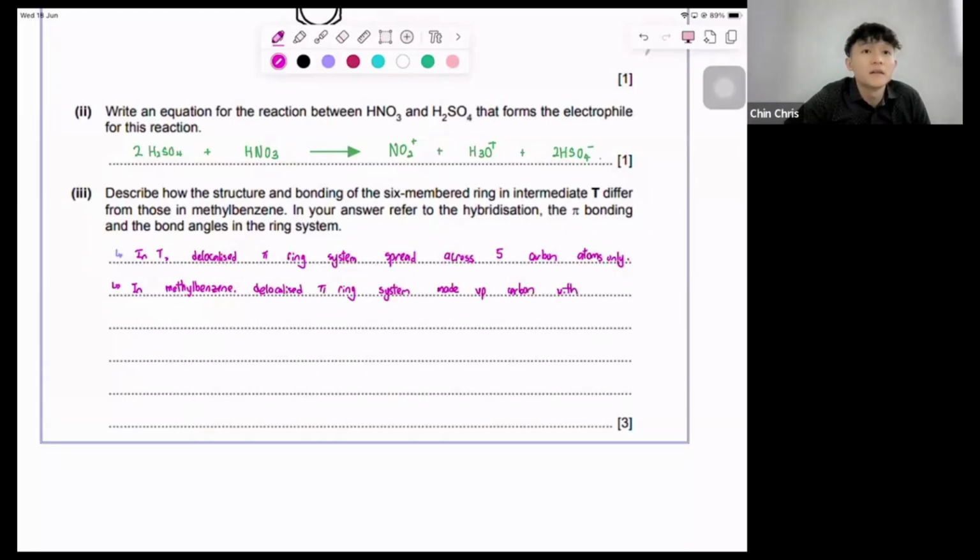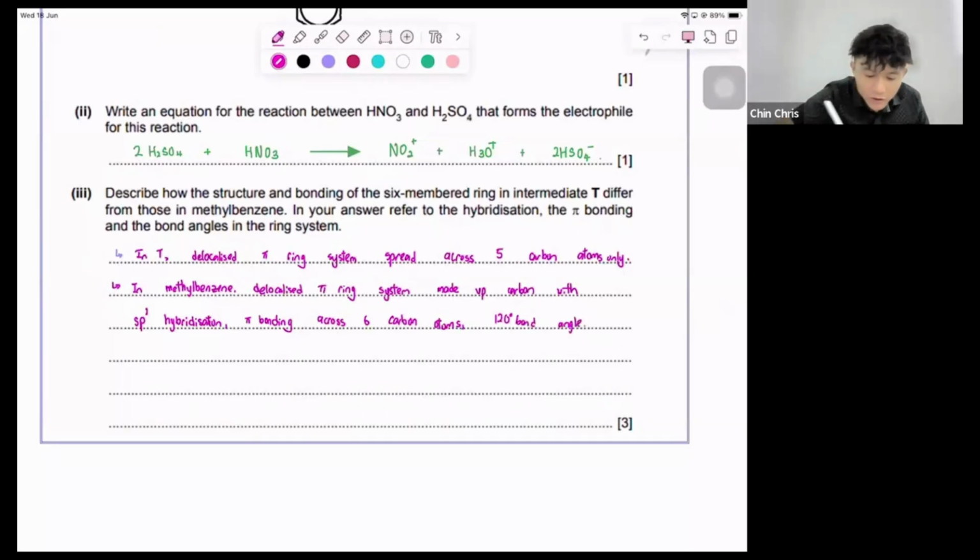In the methylbenzene, sp2 hybridized. How many pi bonding? Okay, I already mentioned, right? You can mention pi bonding across 6 carbon atoms, right? Bond angle 120, right? Thank you so much.